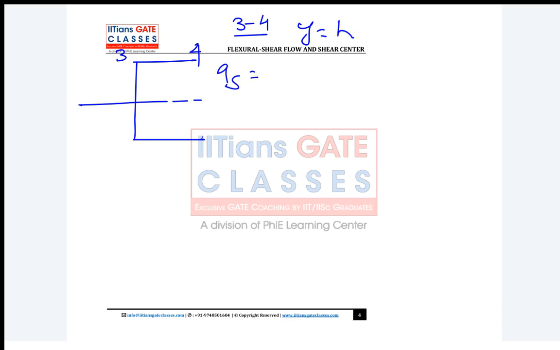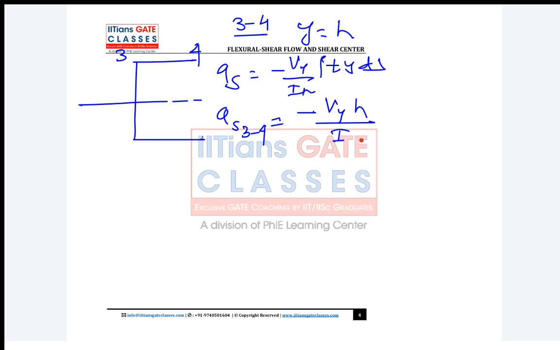Qs equal to minus Vy upon Ix integral Ty ds. Substitute, so you get Qs 3 to 4 will be minus Vy into H upon Ix, and t also I can take out. So it is integration ds. Now if you integrate, what we get? Minus Vy Th upon Ix s plus Qs naught.